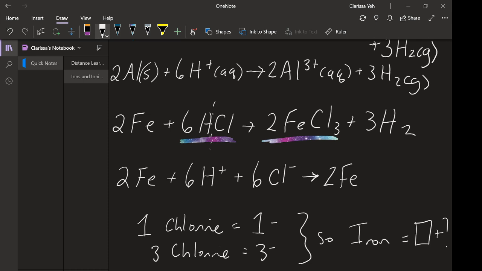Okay, so 1 chlorine is 1 negative. 3 chlorines, that means there's a total of 3 negative charges. So if I have an iron balancing it out with 3 chlorines, what's my charge on my iron going to be to balance out my 3 negative chlorines? Three positives.